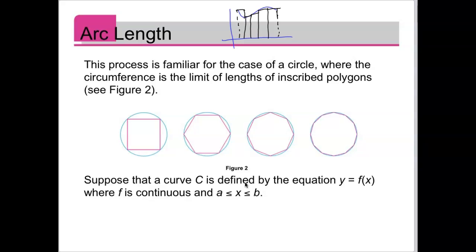And the way we could get better estimates is by dividing it into even more subintervals. The more subintervals, the better the estimate.